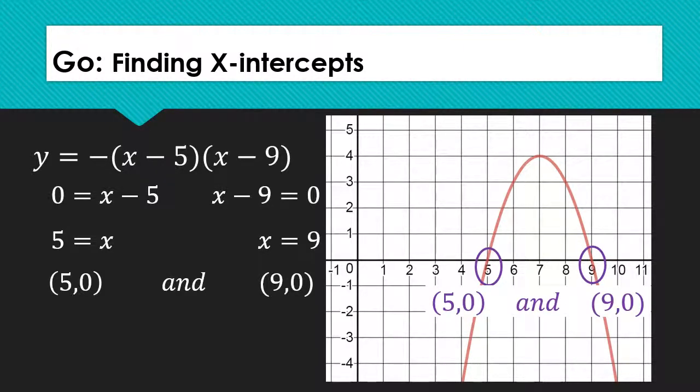You can also take note that the linear factors from the original equation, x minus 5 and x minus 9, have the negative 5 and the negative 9, which are the opposites of our x values for our x-intercepts. So in the linear factor x minus 5, we have a negative 5, and in the x-intercept for that factor, we have a positive 5. For the factor x minus 9, we have a negative 9, and for its x-intercept, we have a positive 9.